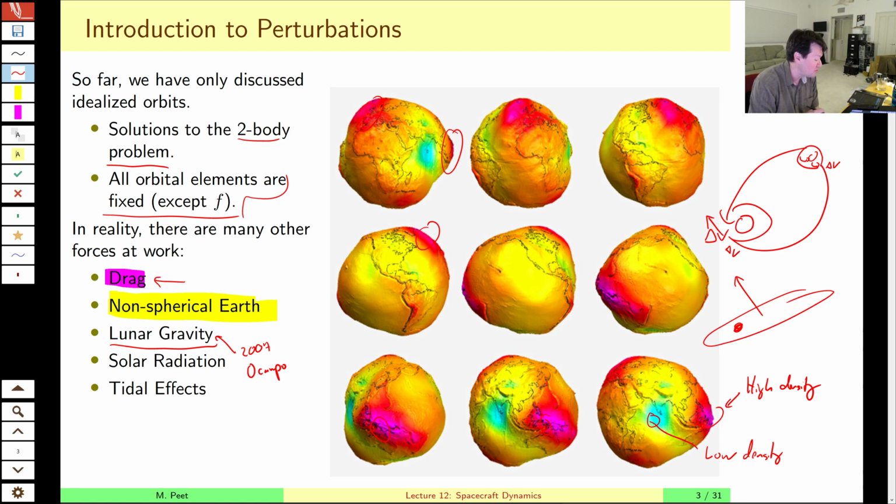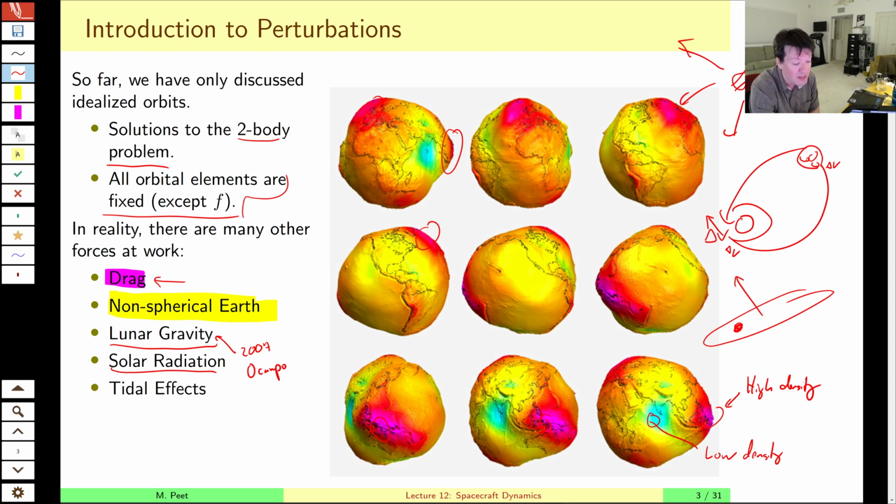Other orbital perturbations include solar radiation. We do have a little example problem on solar radiation, with some interesting things you can do with that. There's the sun, and there's the Earth. The sun produces a solar wind, particles radiating out from the sun, and actually just photons also cause solar radiation pressure.